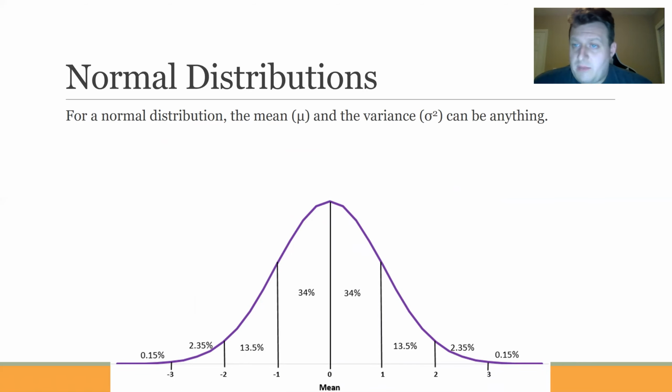Where were we? Some other qualities of a normal distribution. Normal distributions can have any mean, and we're going to call that mean mu, because that's the mean of a population. And they can have any variance. So normal distributions vary in 2 ways, and those are the only 2 ways.